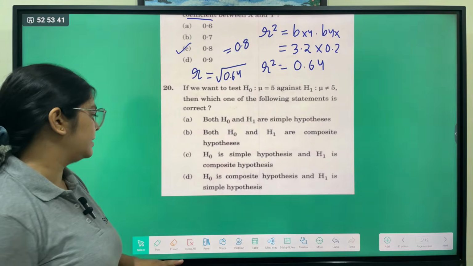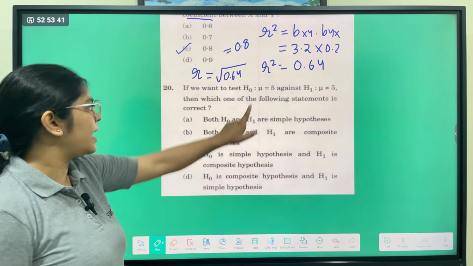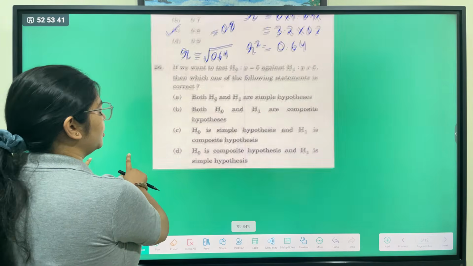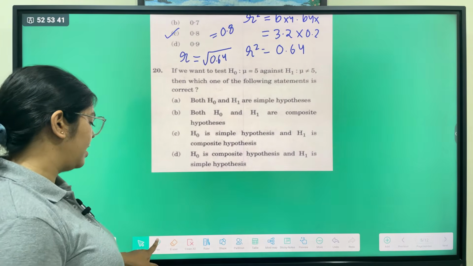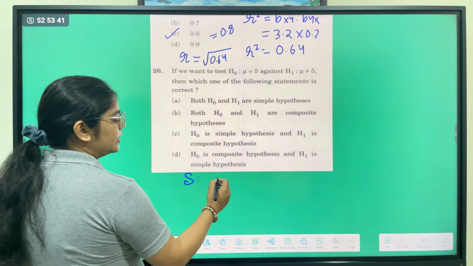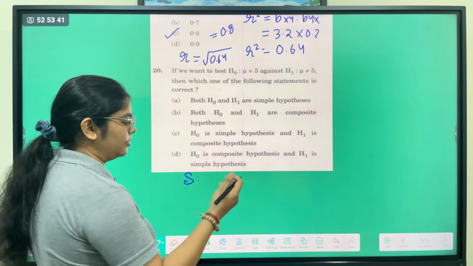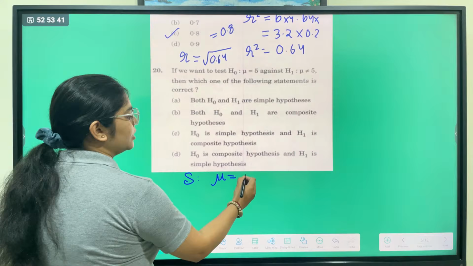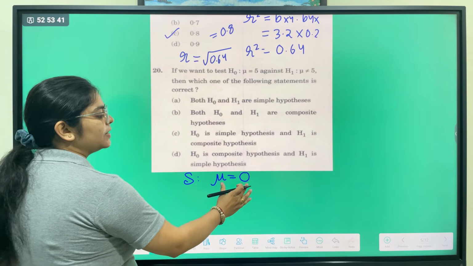Now we want to test the hypothesis. H naught has been given as mu is equal to 5, and H1 has been given as mu is not equal to 5. When we talk about a simple hypothesis, it is whenever we give the exact value to some variable. Suppose mu, the mean, is equal to 0. So we have given the exact value.